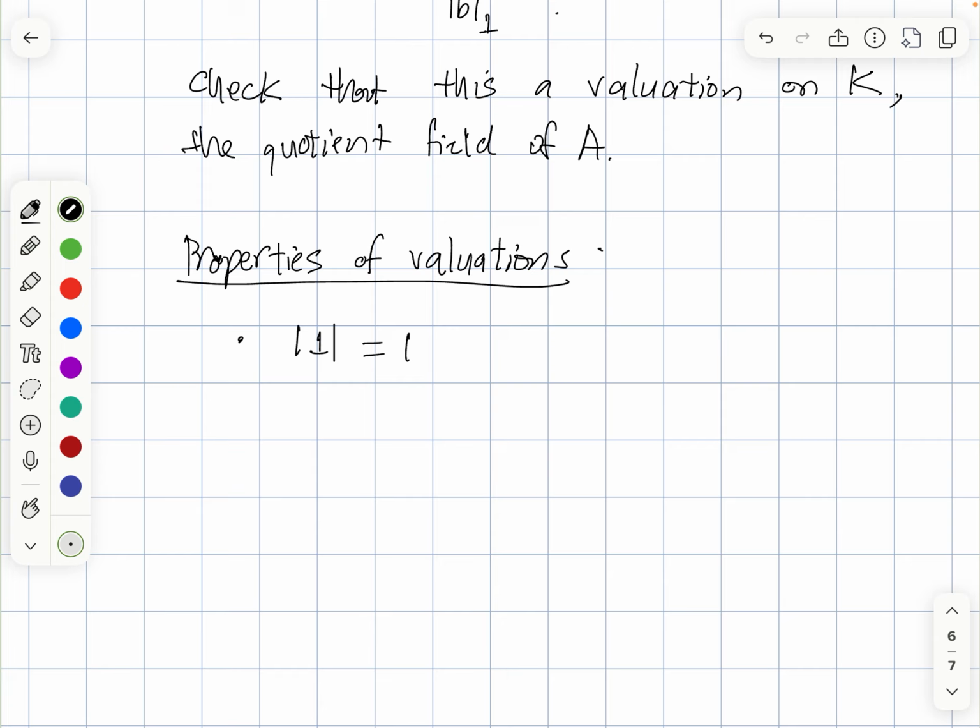That's just because 1 is the identity element, the unit element of K. The valuation of 1 times 1 is by property the valuation of 1 times the valuation of 1, and 1 times 1 is 1. So you have that the valuation of 1 is equal to itself times itself, and so since the number is positive, we know that the valuation of 1 is equal to 1.